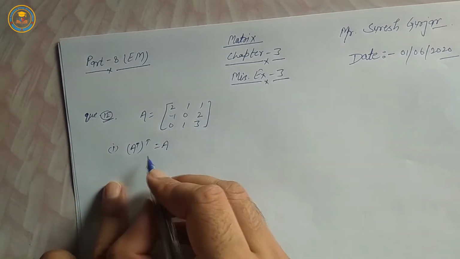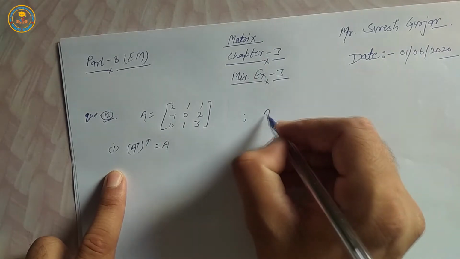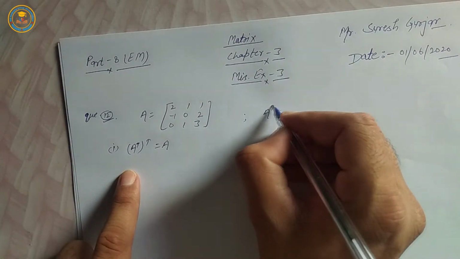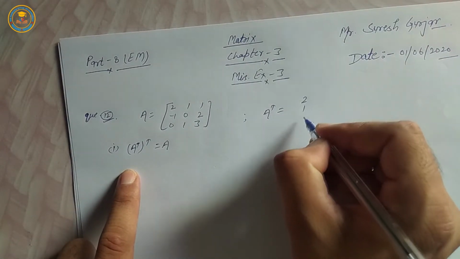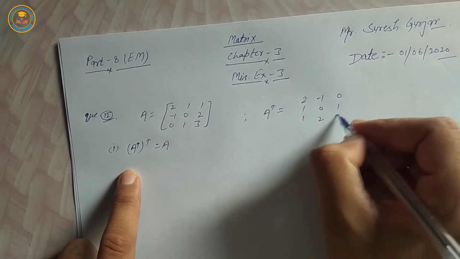Transpose of matrix A is equal to [2 -1 0; 1 0 1; 1 2 3].